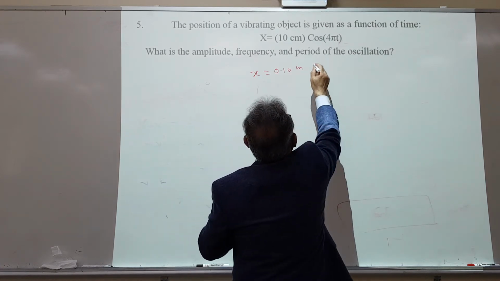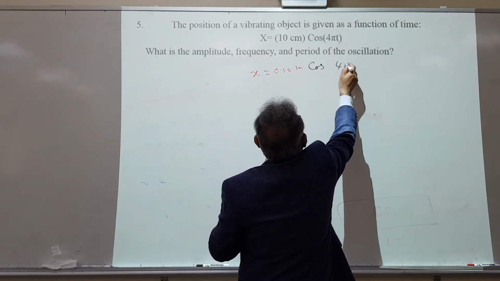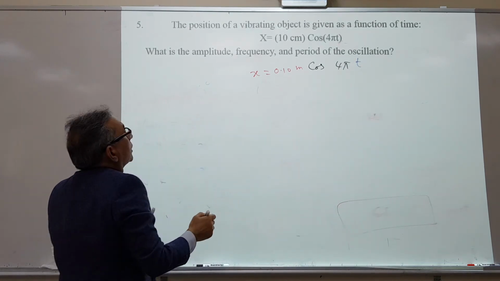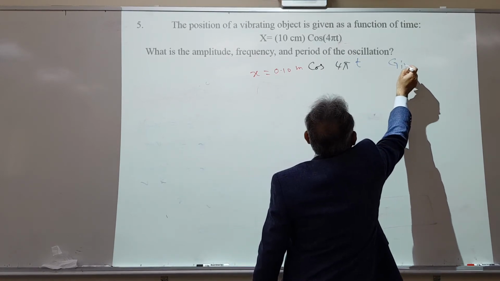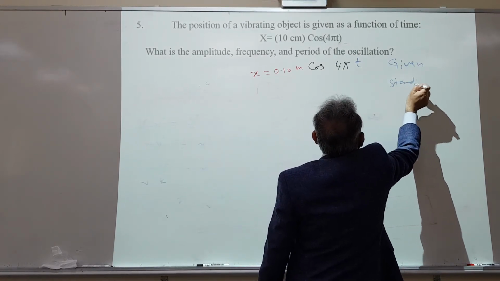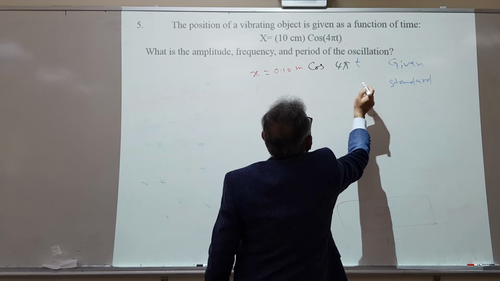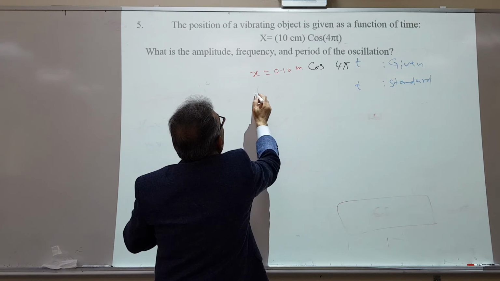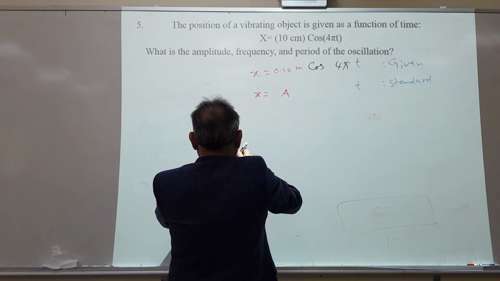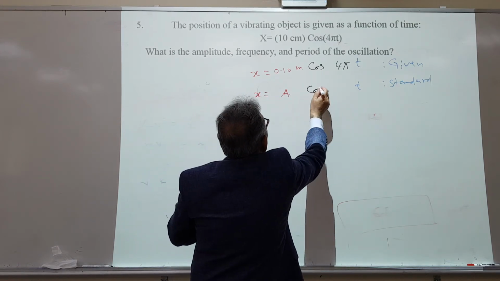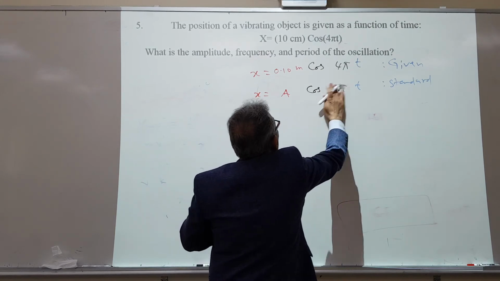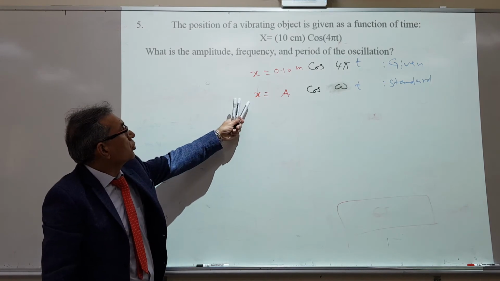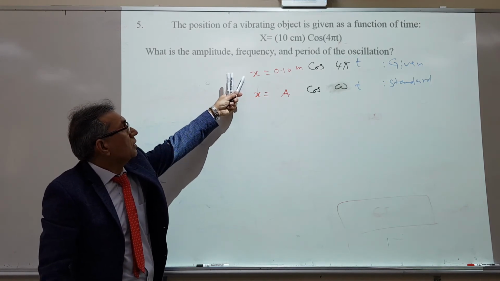Cosine of 4 pi into t. This is your given function, and the standard is x is equal to A cosine of omega t. This is the standard form of the position function for the waveform.